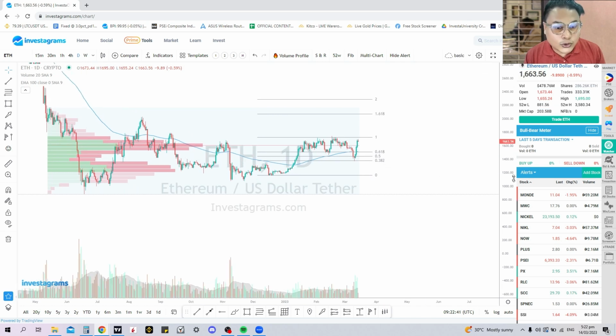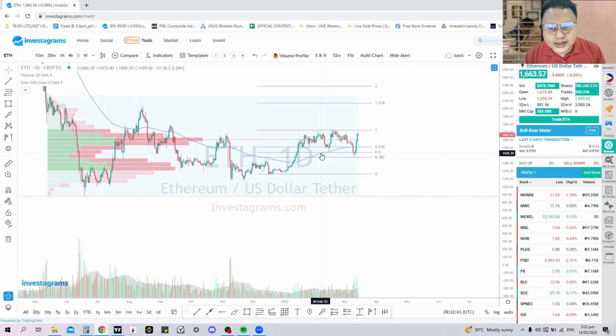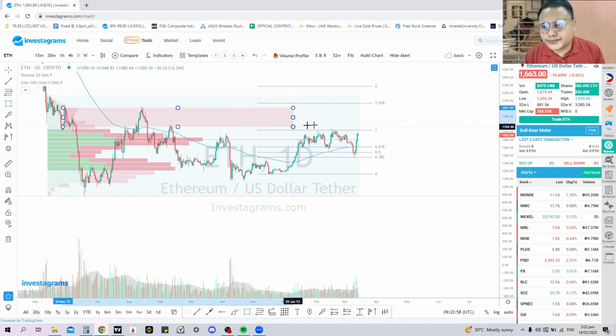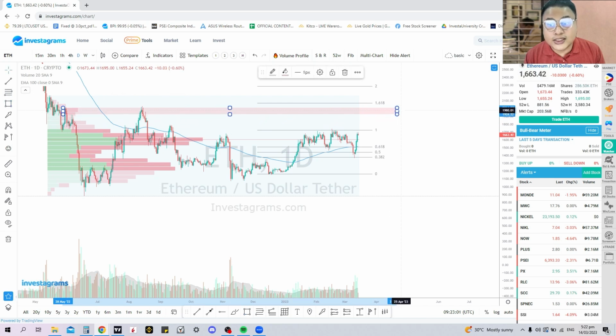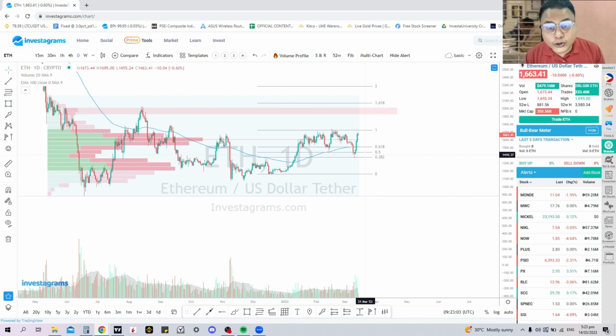So, in this case, bullish siya, since above siya sa volume profile na point of control. What we can anticipate is once na i-break niya tong level na yan, pwede siyang mag-test papunta dito sa resistance level na to, which is 2,000 USDT. So, yun yung bull case.